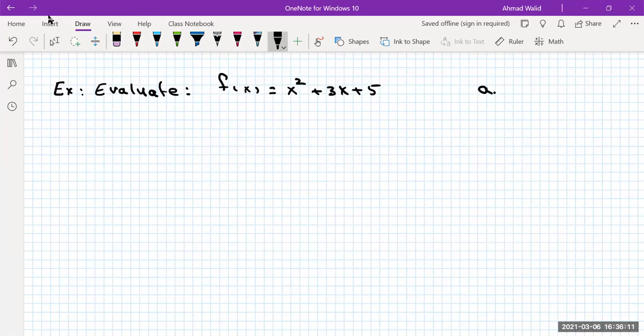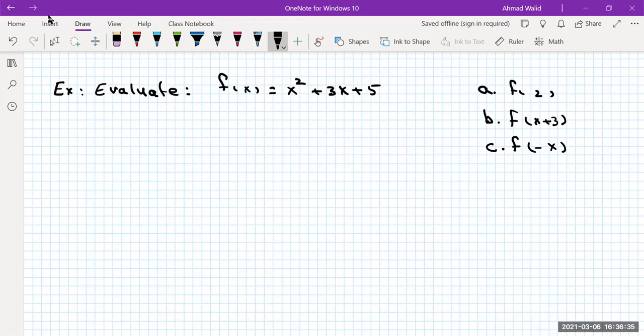A, we have to find f of 2. B, part B of this problem, we have to find f of x plus 3. C, f of negative x.